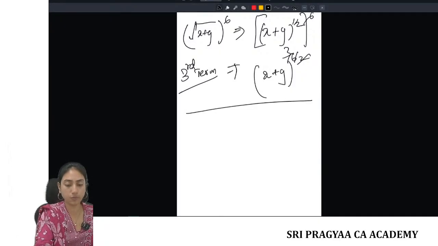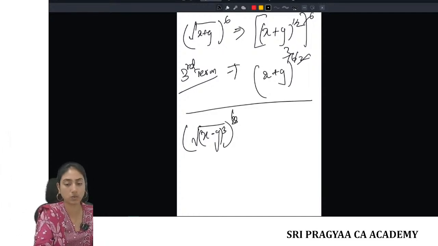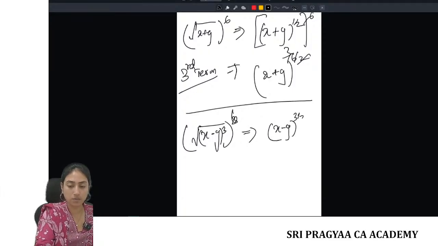Next is the fourth term, x minus y root. There's a cube and then a root, and the whole thing is raised by 6. Which means 3 by 2, the whole thing by 6.